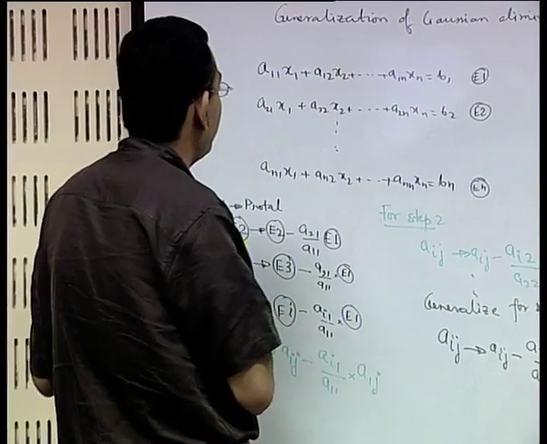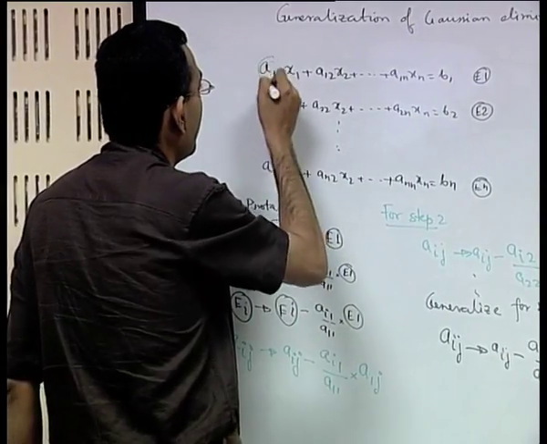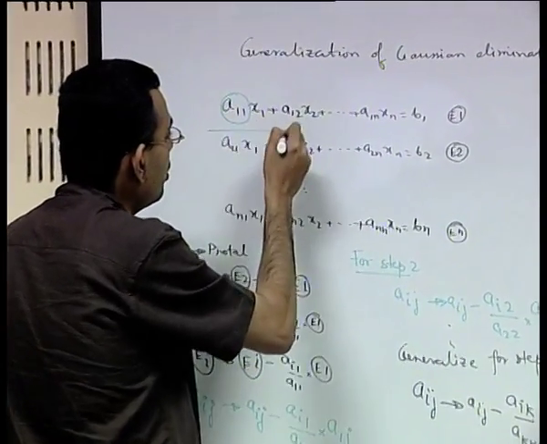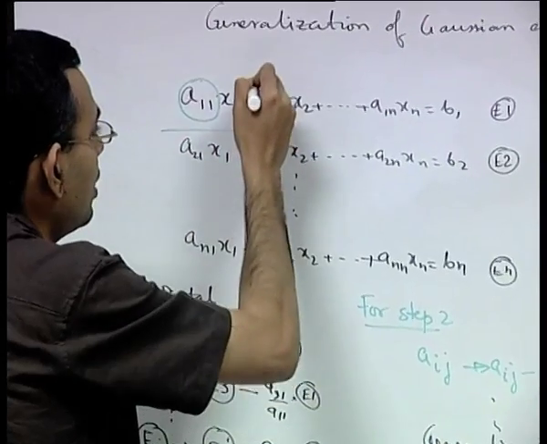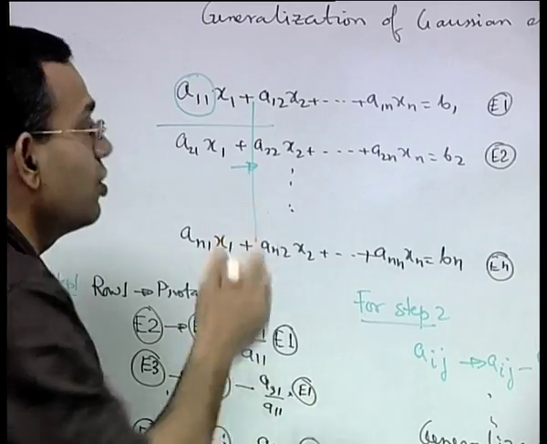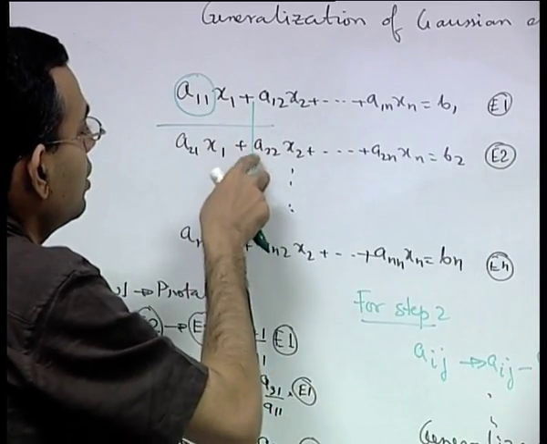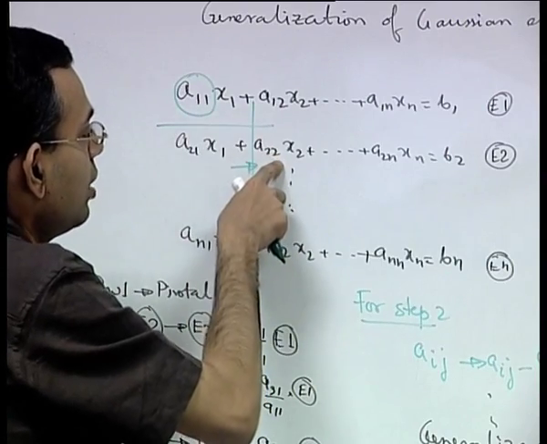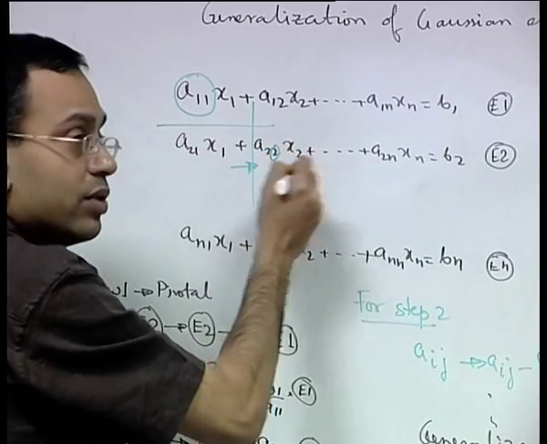Let us look into the first case. When this is the diagonal, you are eliminating the columns below, of course the rows below, but for the columns from the right of the diagonal. So if it is A11, if you are at 1, you are looking for j equal to 2 onwards for elimination.